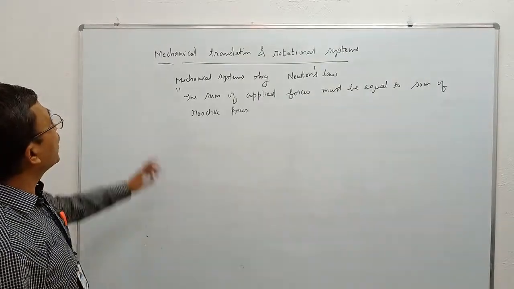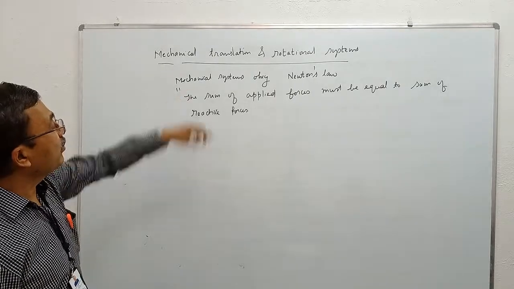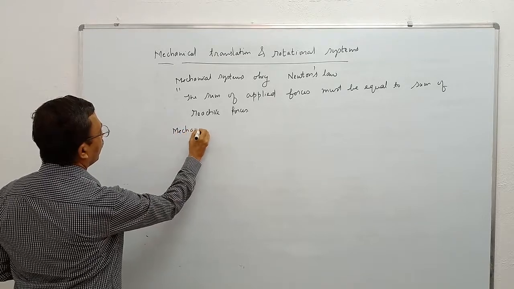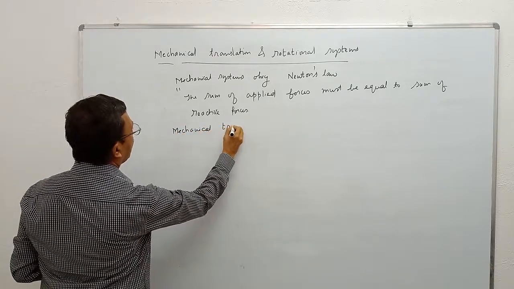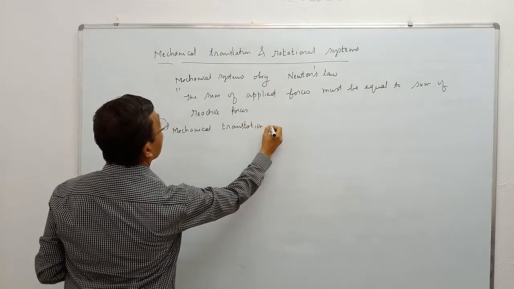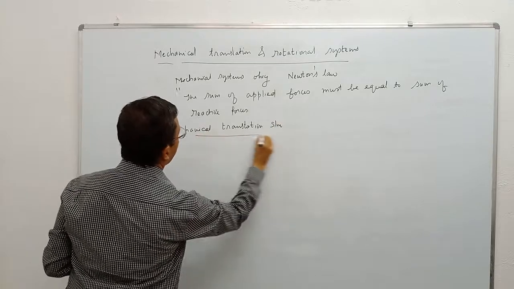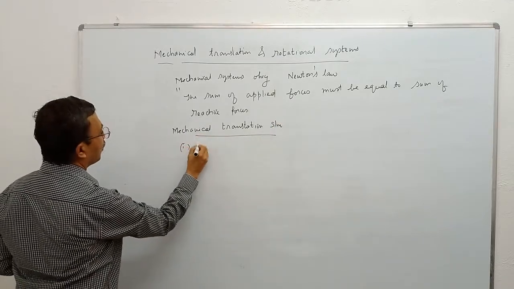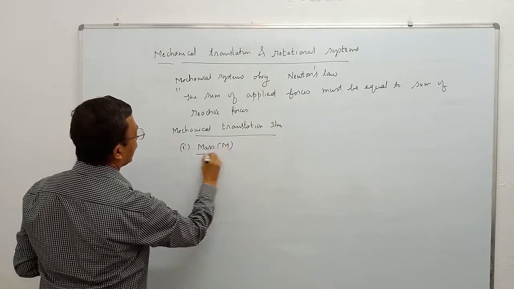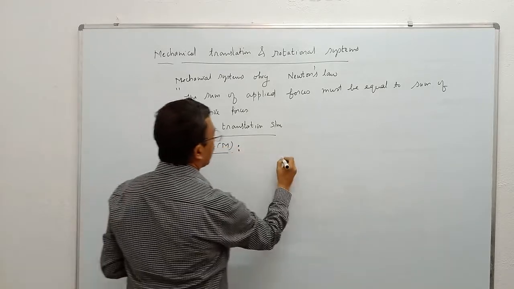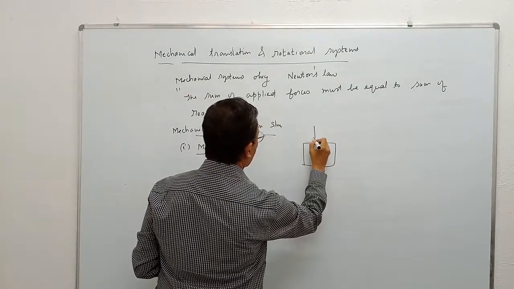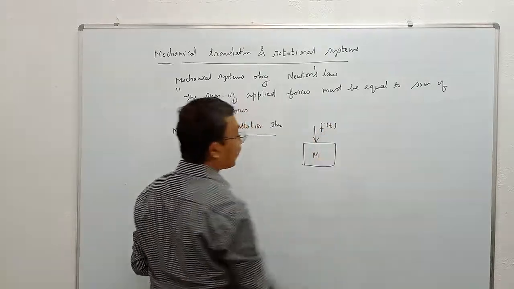Now I'll take the basic elements of a mechanical translation system. First component is mass. Let us assume a mass m subjected to a force f of t.